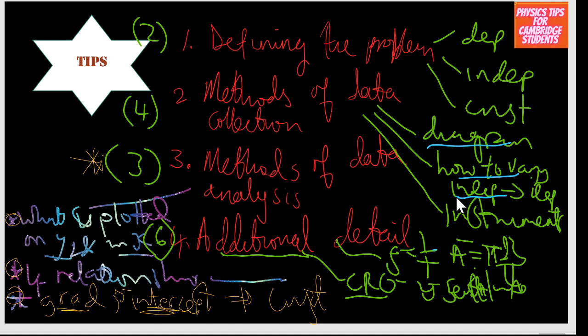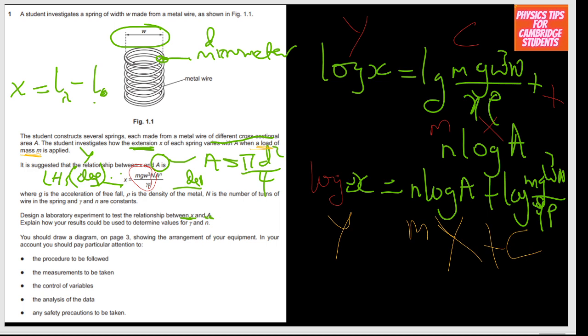Now we've said that our independent variable is the cross-sectional area. So you should have a method to determine your x. Remember, x, like I said, is an extension. So what are you doing with the extension? You are finding the new length and the original length. New length minus original length gives your extension. So that is your method.